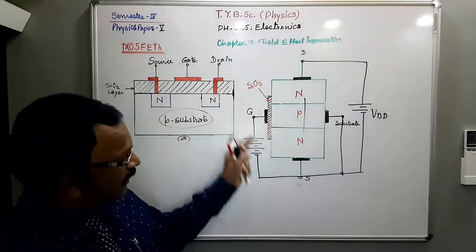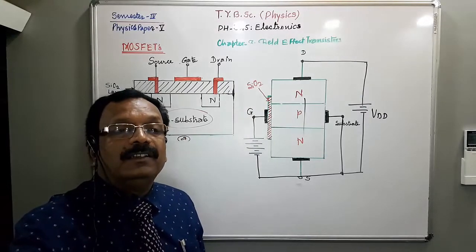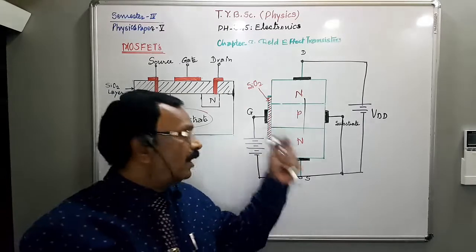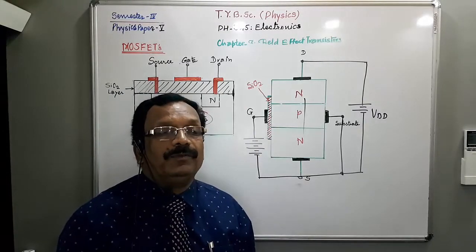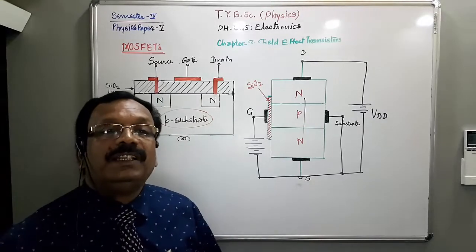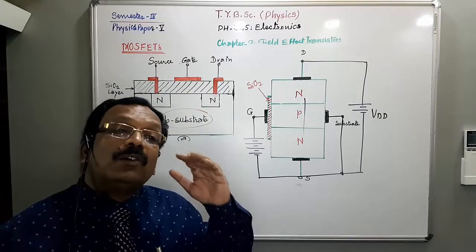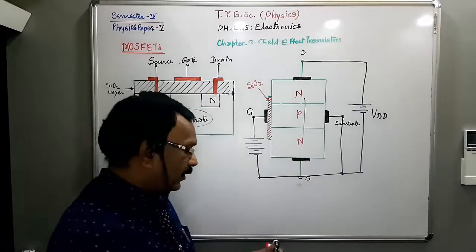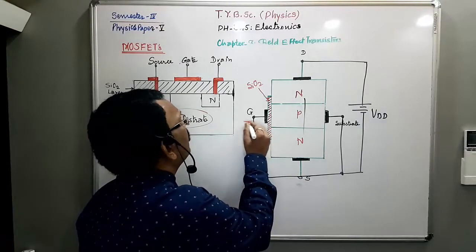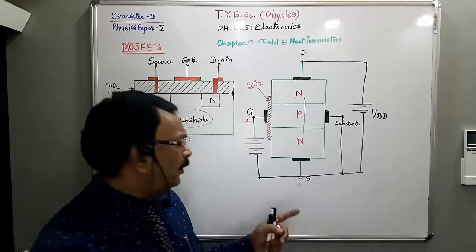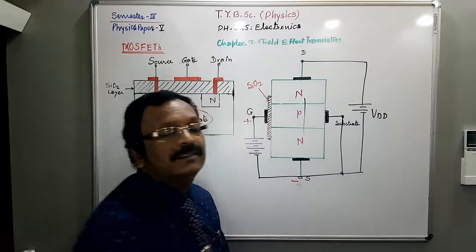By making such an arrangement, the enhancement type n channel MOSFET can work in enhancement mode. This figure shows the enhancement type n channel MOSFET in common source configuration with positive gate voltage with respect to the source.